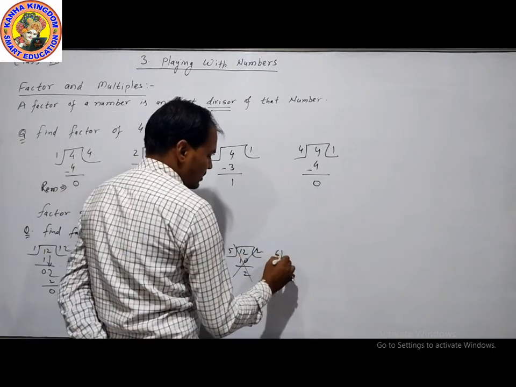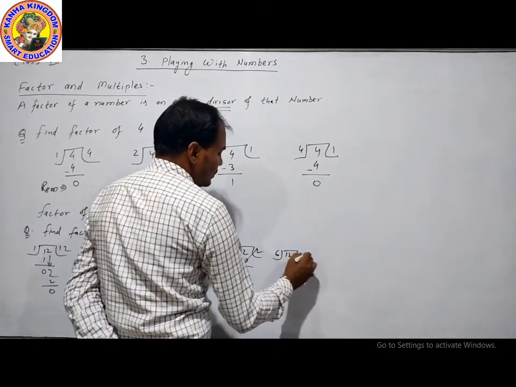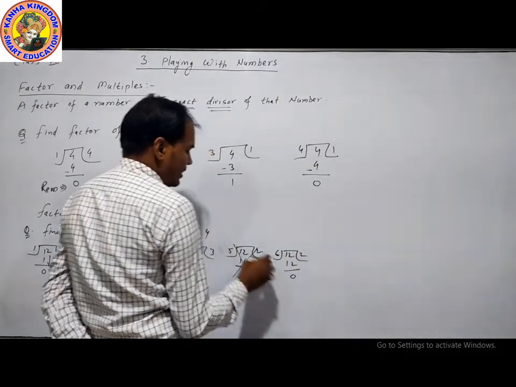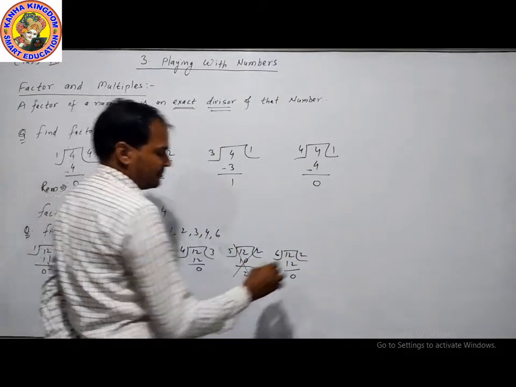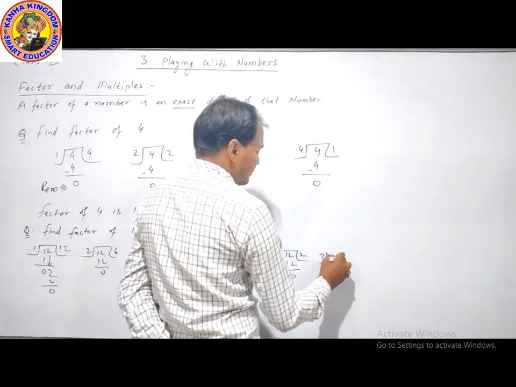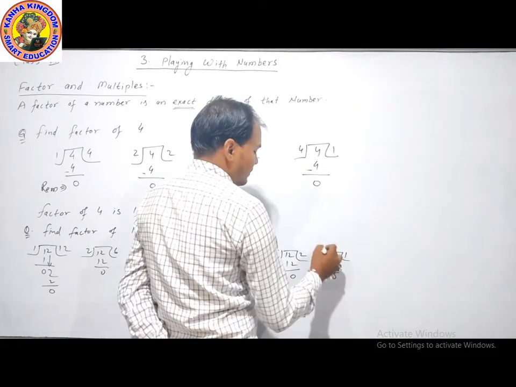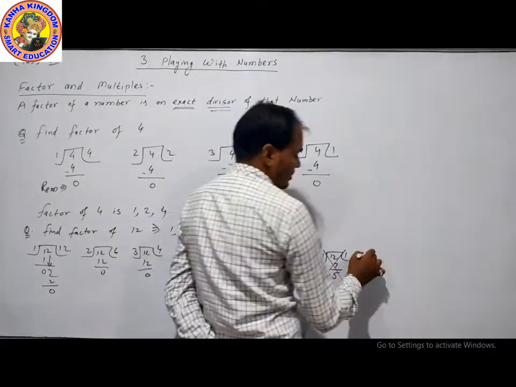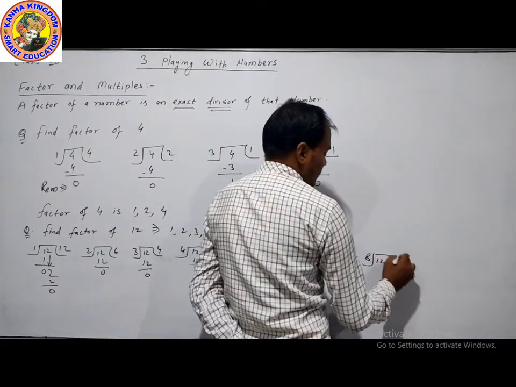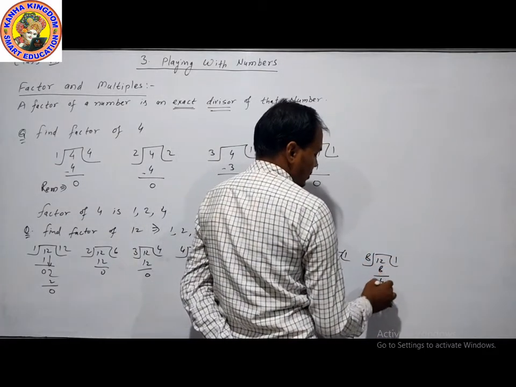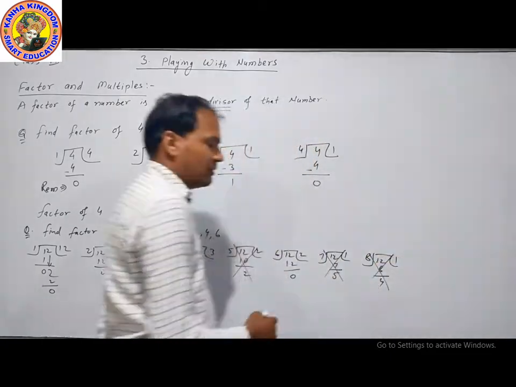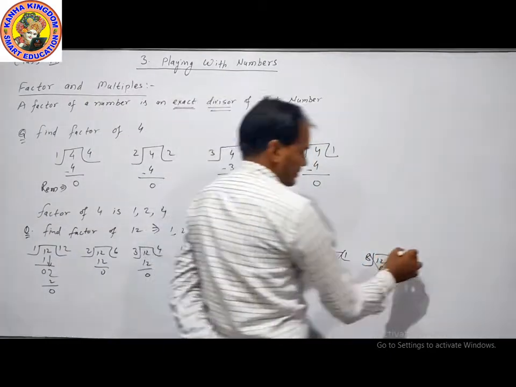Now 6: 2 times 6 is 12, remainder is 0. So 6 is a factor. Now 7: 1 times 7, remainder is 5. So this is not a factor. By 8: 1 times 8, remainder is 4. So 8 is not a factor.